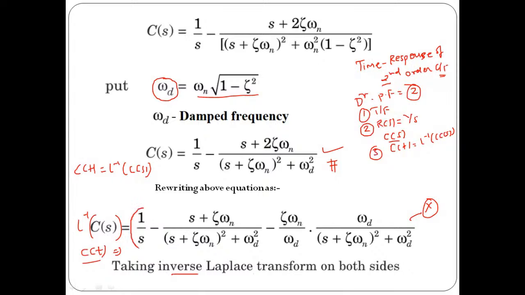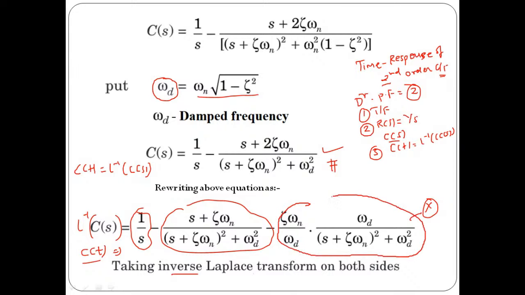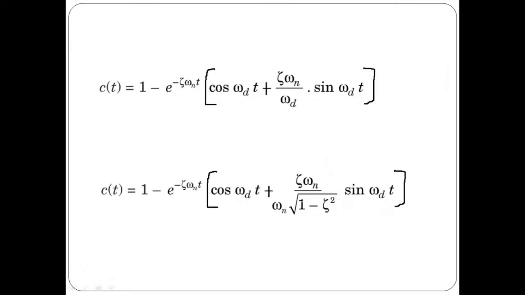Here this is one term, this is another term, and this is another term, so individually we need to take the Laplace inverse of these three terms. If you apply that logic properly, you will get c of t equals 1 minus e to the power minus zeta omega n t (cos omega d t plus zeta omega n upon omega d into sine omega d t).